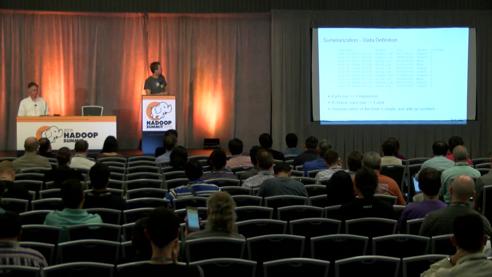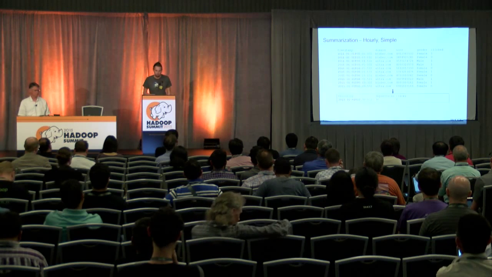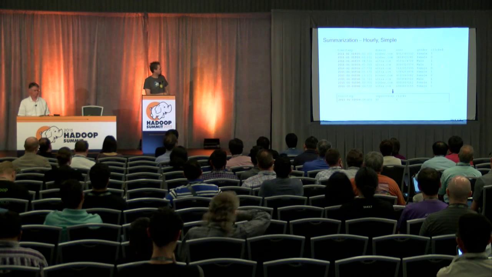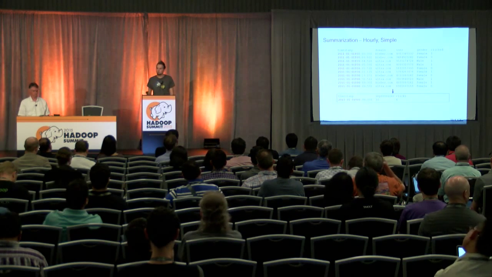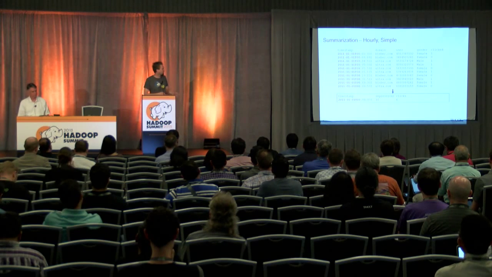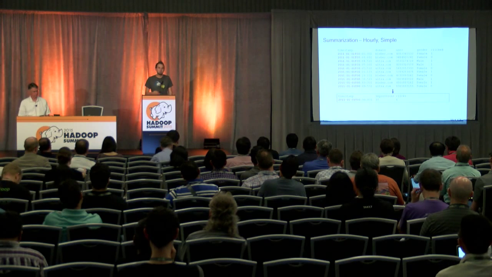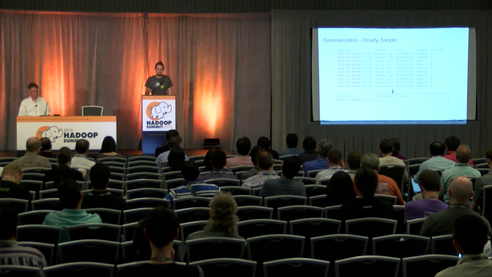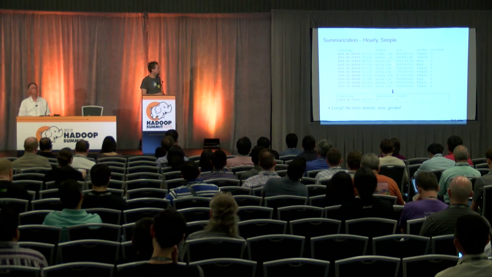We can basically take this 10-row data set and turn it into just a single row: we had 10 impressions and 6 clicks. That's generally straightforward. You add this up. You lose a little bit of fidelity, but you can see your data at hourly granularity. However, it's lossy. We don't have a domain anymore. We don't have gender. We can't answer questions about users, or all of these individual questions.